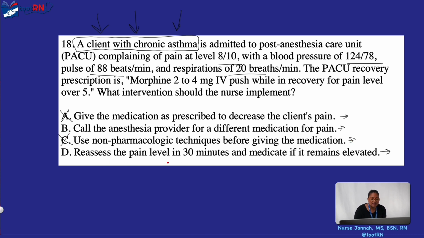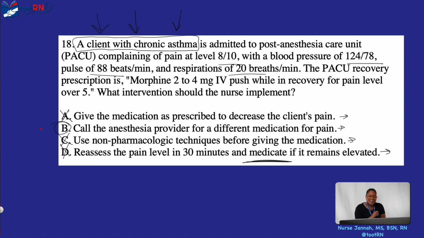And D says, reassess the pain level in 30 minutes and medicate if it remains elevated. Well, guess what, folks? If you come back in 30 minutes, this 8 out of 10 definitely is going to be elevated. And we're not going to medicate them with the morphine. We're not going to do it. So let's get rid of that one.